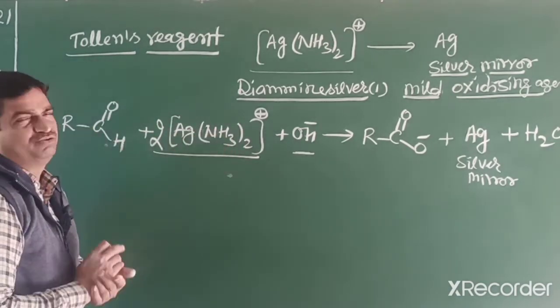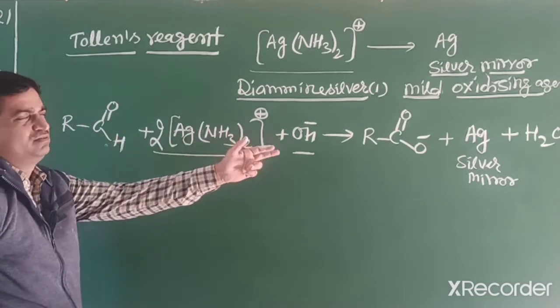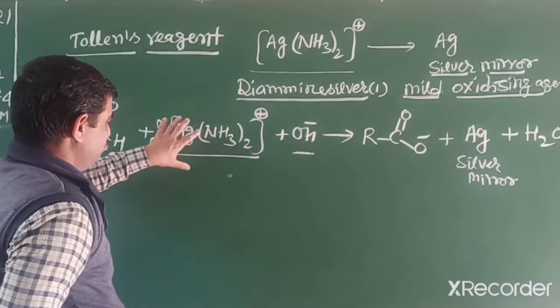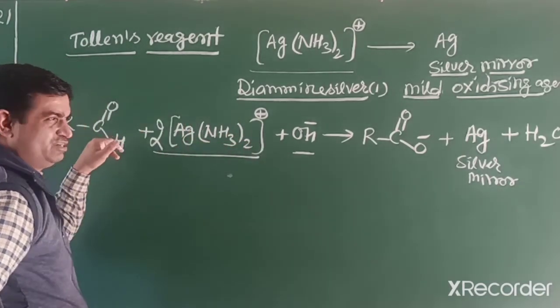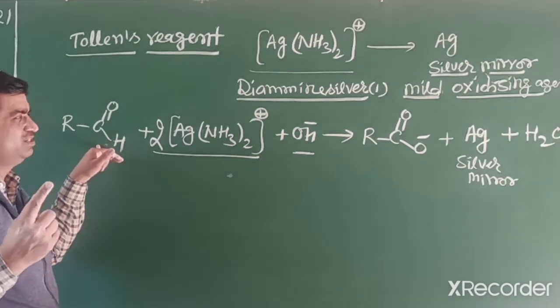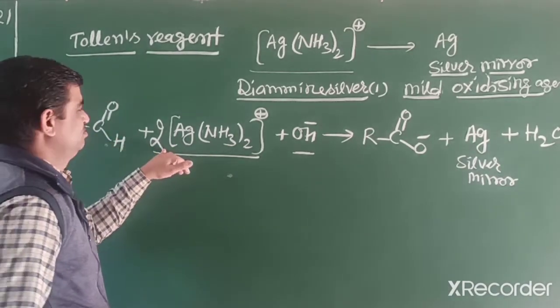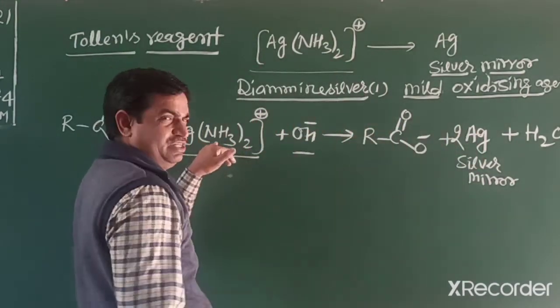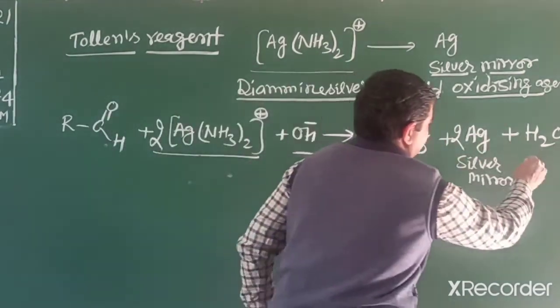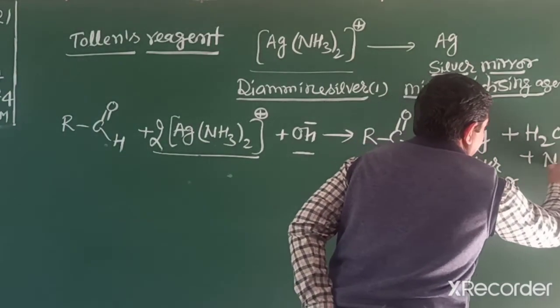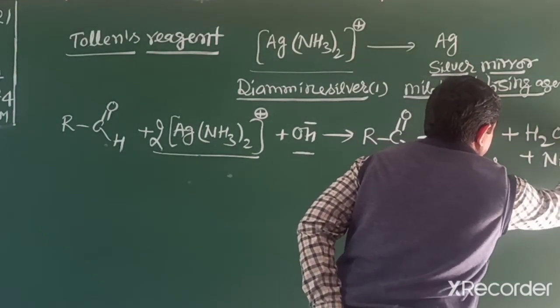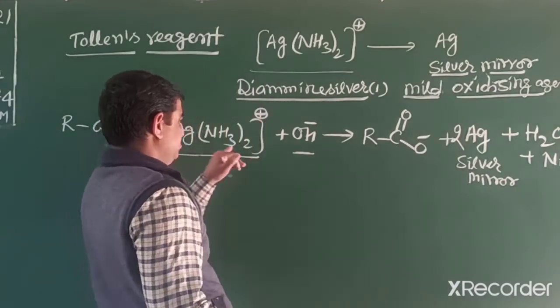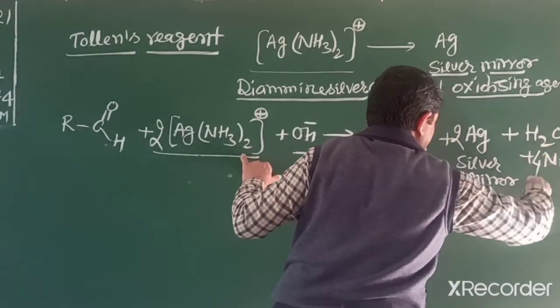This changes into the corresponding carboxylic acid. So remember easily, introducing one oxygen needs 2 electrons, so 2 moles. So we get 2 silver. And ammonia is also released in this reaction. How many moles? If you balance, then 4 moles of ammonia.